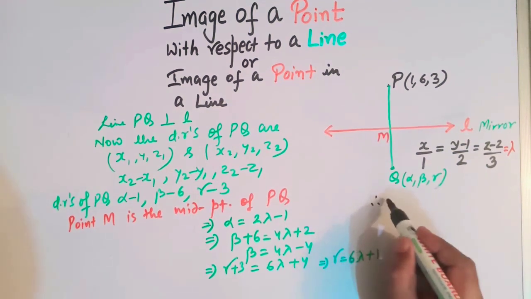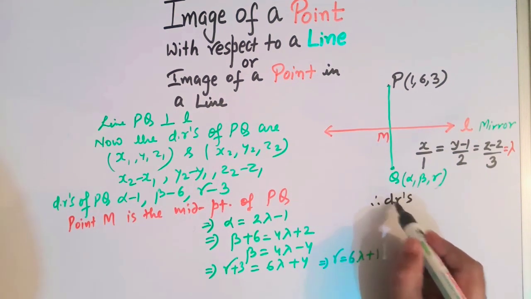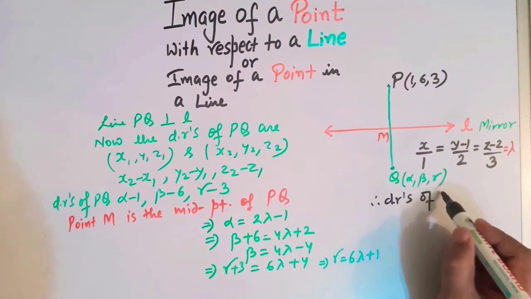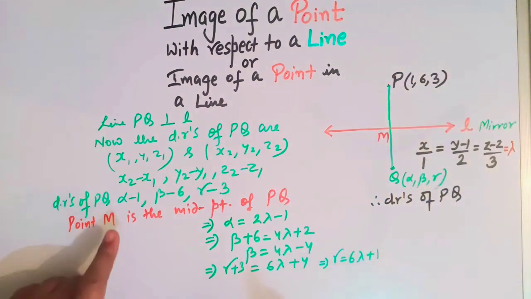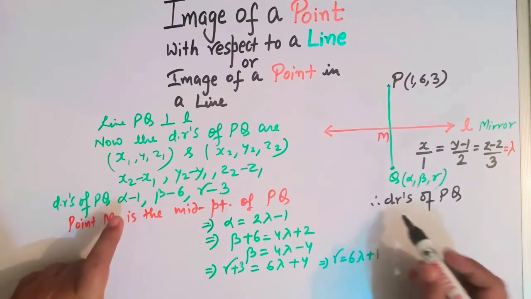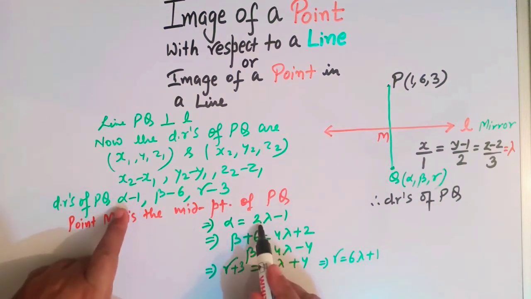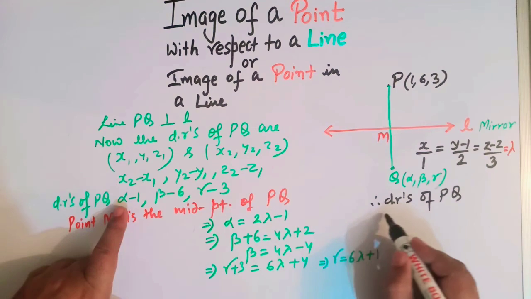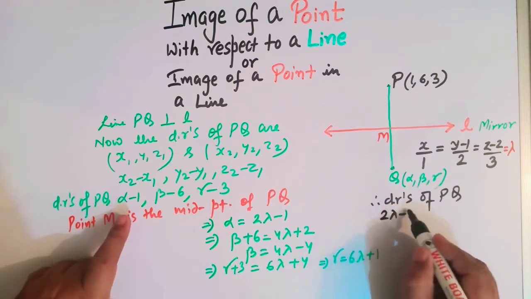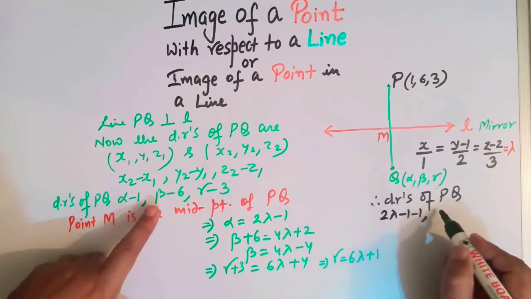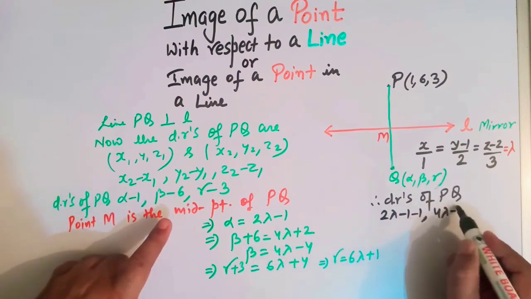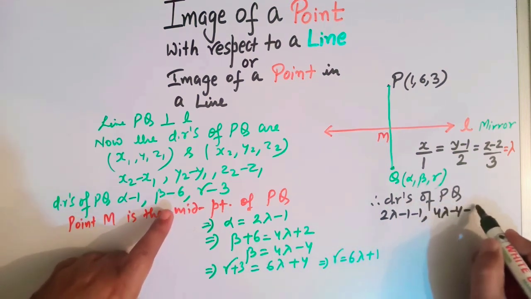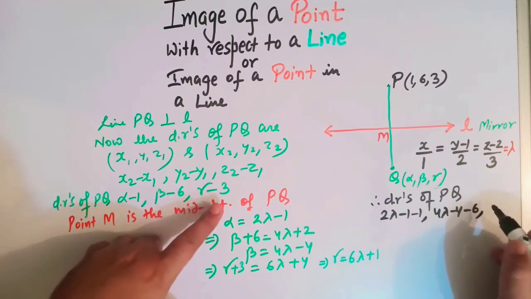Therefore the DRs of the line PQ are given by alpha minus 1. So here we have the value of alpha as 2 lambda minus 1, so we have 2 lambda minus 1 minus 1, and then beta minus 6, the value of beta is 4 lambda minus 4, minus 6, and then we have gamma minus 3.